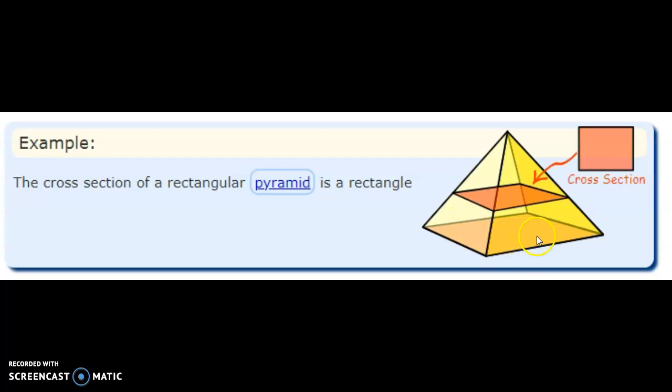If this rectangle transforms into a square, meaning all the sides are congruent, then the pyramid will become a square pyramid. But going back to cross section, if you cut through the pyramid such that the plane is parallel to the rectangular base, then the cross section would also be a rectangle.